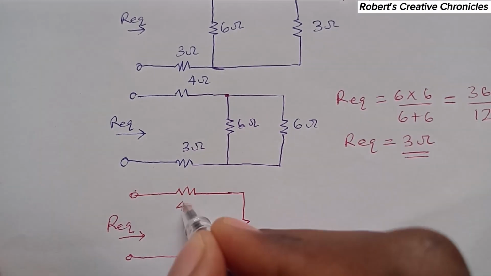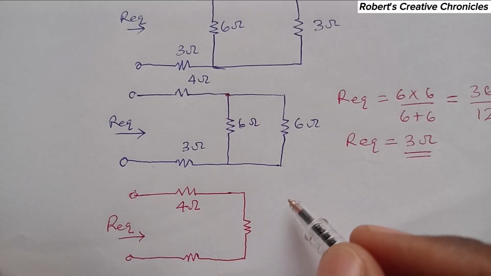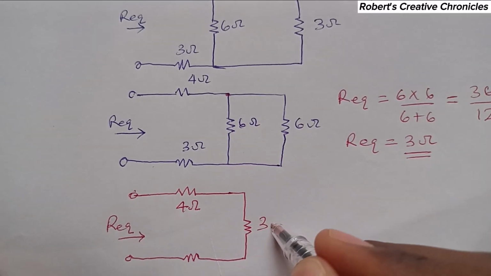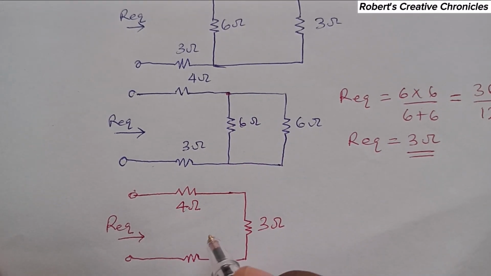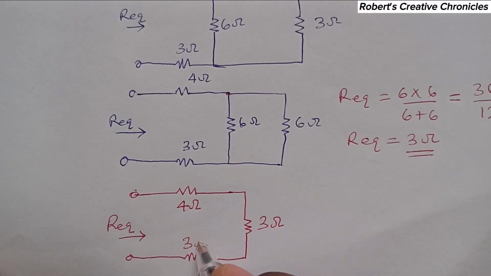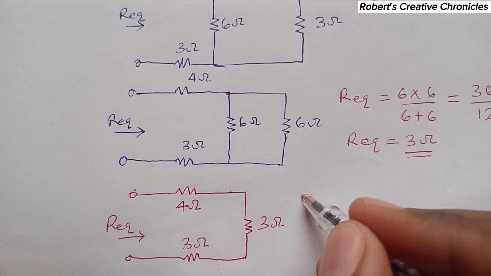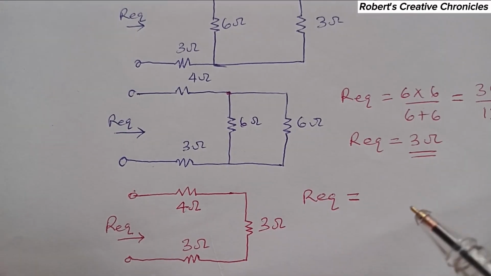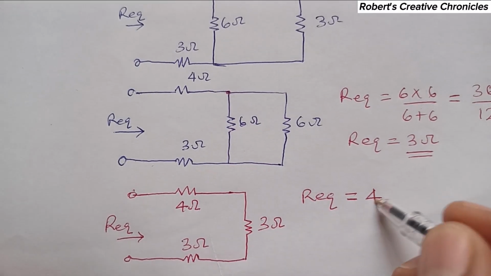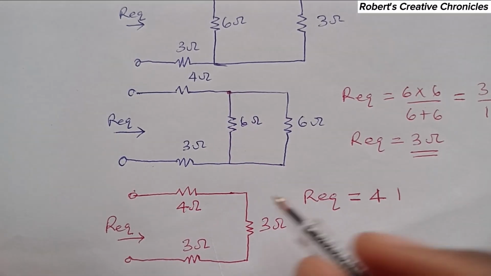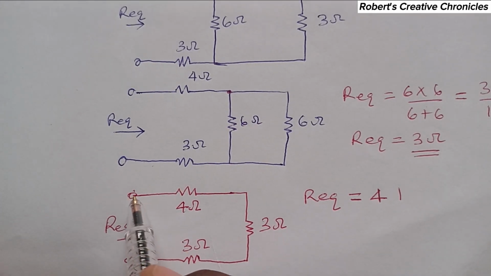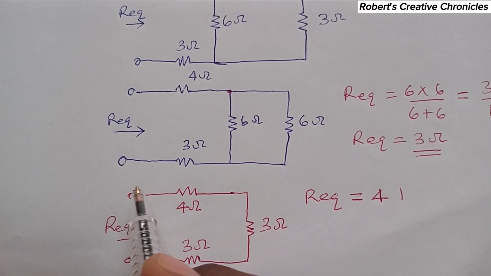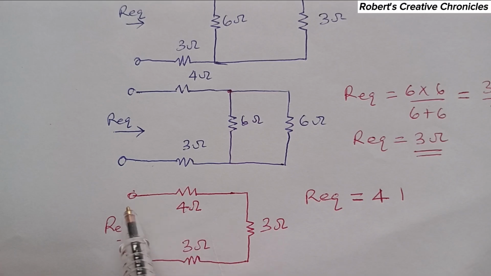So here is 4 ohm. Here is 3 ohms. And here is also 3 ohm. So now the final equivalent resistance of this whole circuit is given by this summation. Since the same amount of current will flow through the 4 ohm, 3 ohm, and 3 ohm, all these resistors are in series.